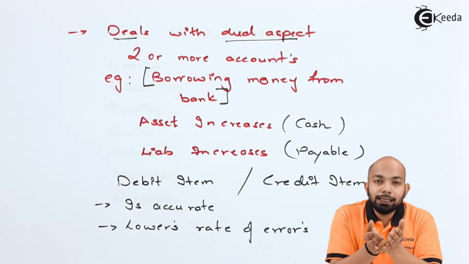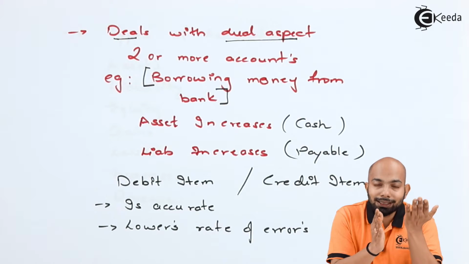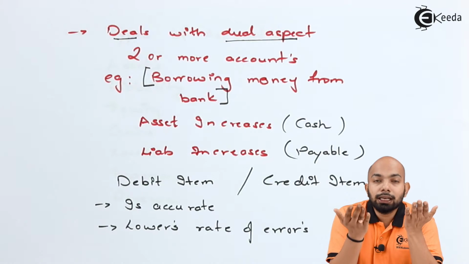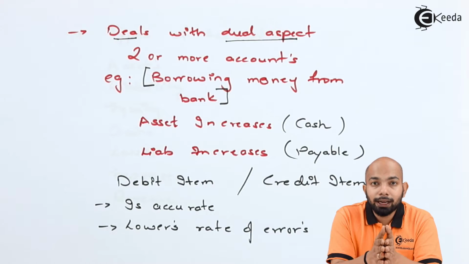Hence, it is a liability, and that's the reason this specific transaction shows two effects, where the asset side is increasing and so does the liability side. Once you pay off this loan, this liability will decrease, and the asset side will also decrease in the cash balance, because you'll be paying from your own bank account.